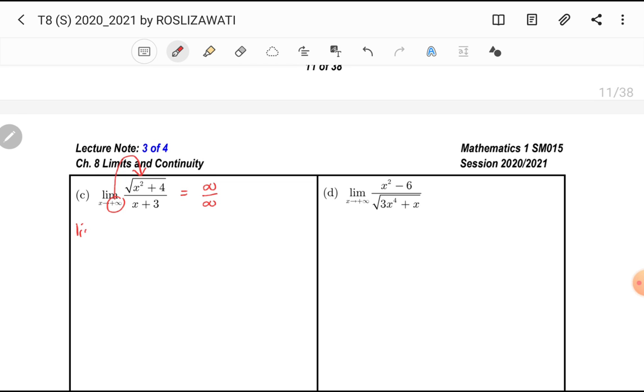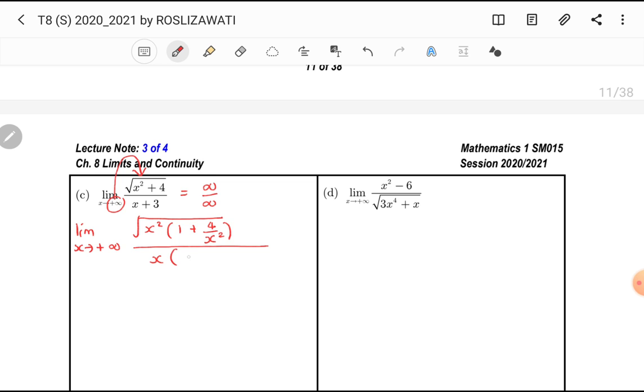Okay, so we have limit x approaches positive infinity. For numerator, we have square root, so kita tulislah square root. And the highest degree of x is x squared. Okay, take out x squared. So, apa yang tinggal? 1 plus 4 over x squared. Divide by, for denominator, the highest degree of x is x power of 1.